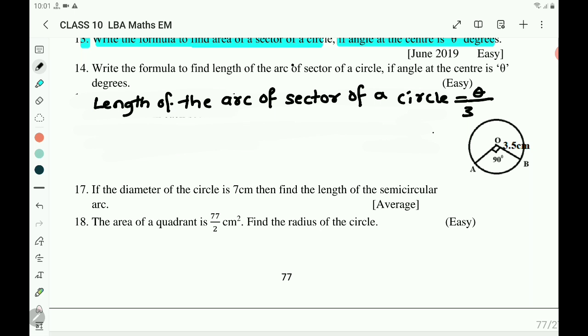Theta by 360 degree into 2 pi r. If the area is asked, we must write pi r square in the place of 2 pi r. If the length of the arc is asked, we must put 2 pi r.